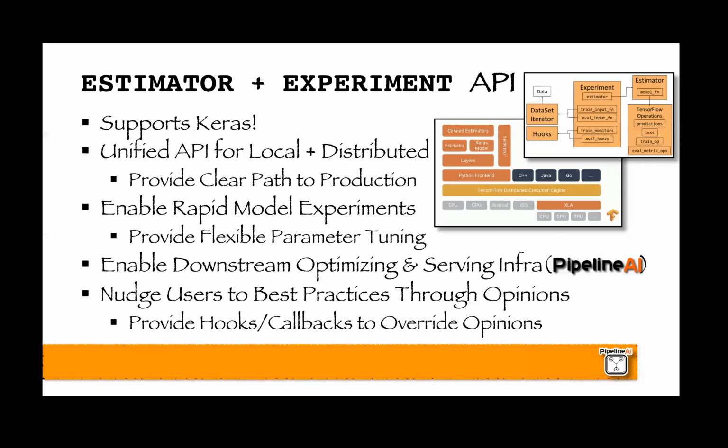It supports Keras. It's sort of a unified API for running your job locally and on a TensorFlow distributed cluster. The early versions of TensorFlow code, and actually the most common versions of TensorFlow code, are sort of top down, right?